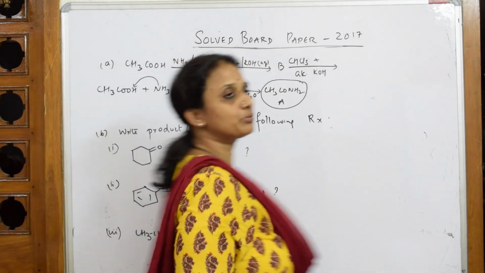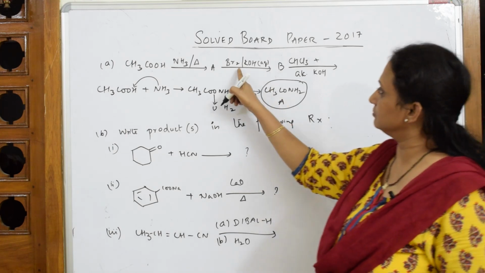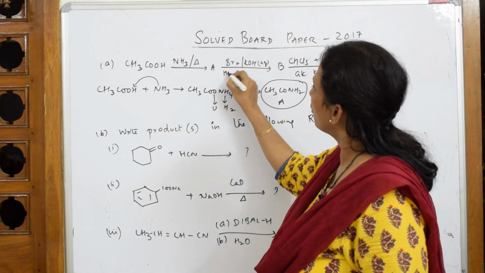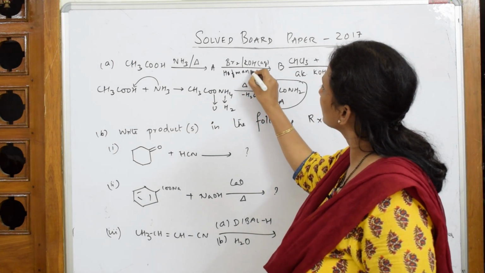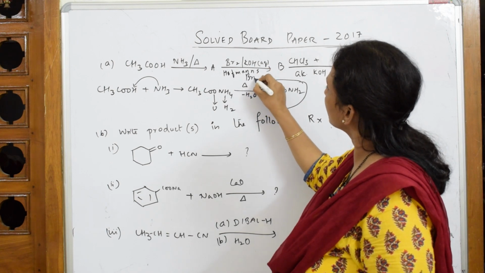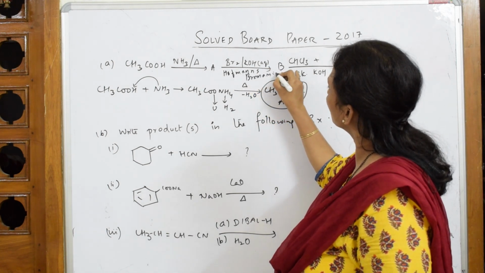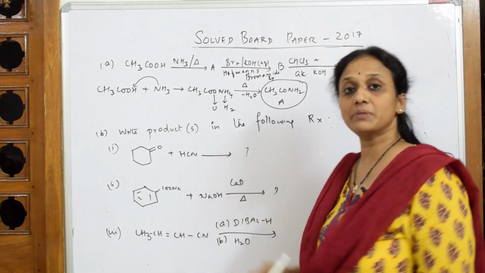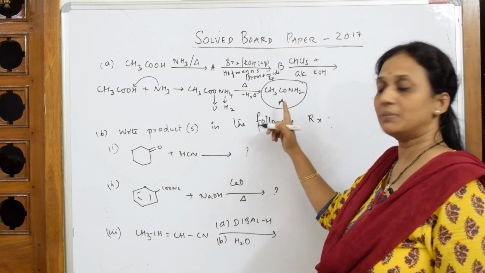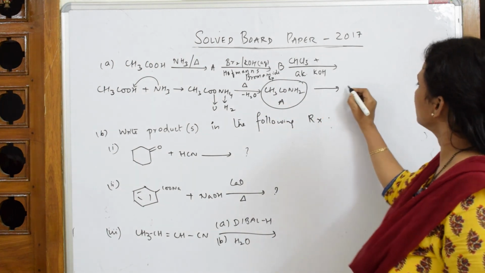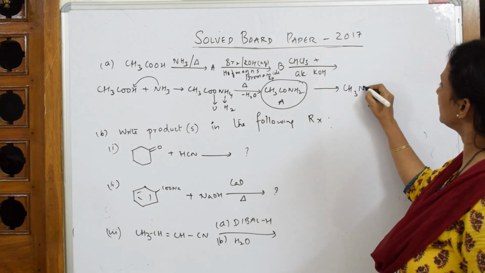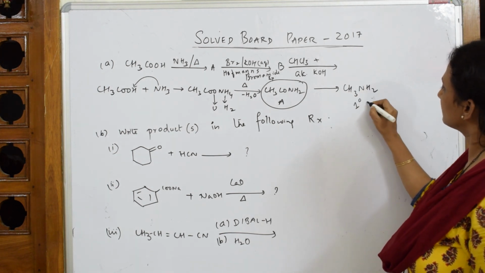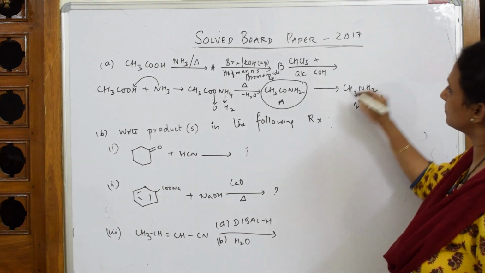This Hofmann bromamide reaction, so please write it here. Hofmann bromamide reaction converts amides to amines. Which amines? It's going to convert into primary amines. So this is your part B.